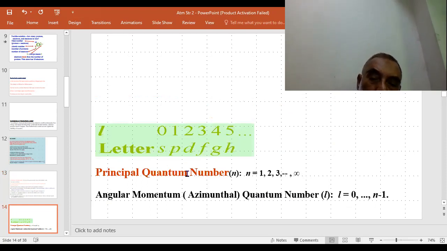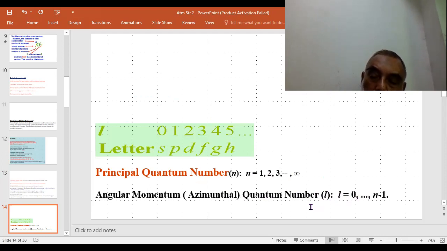See, the principal quantum number may have the value 1, 2, 3, up to infinity. And the azimuthal quantum number L has values at least 1 less than the principal quantum number. So if n is 1, then L is equal to 0.